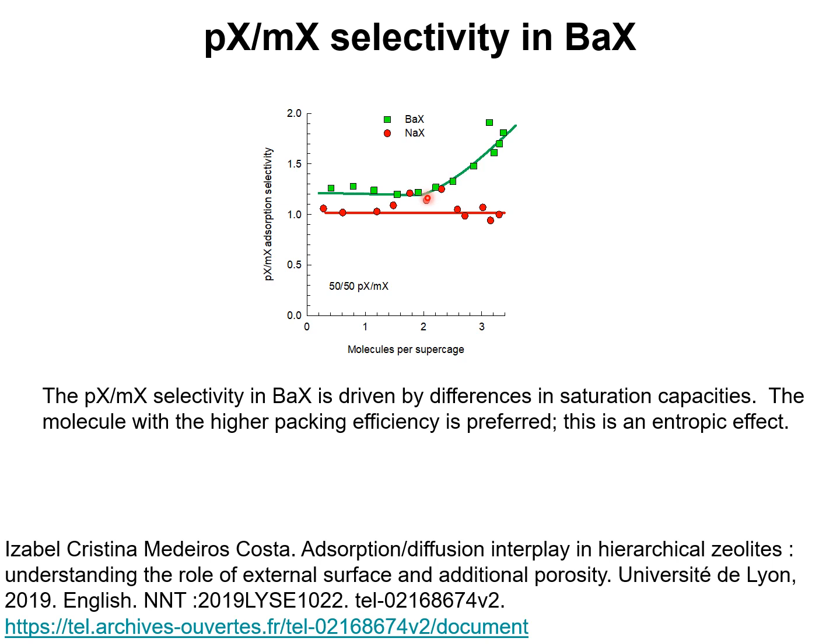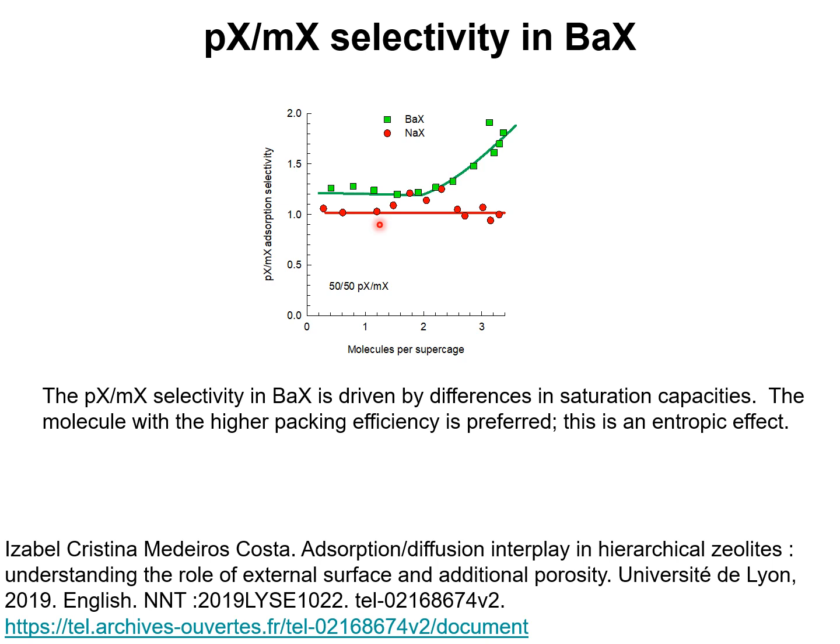As I had already mentioned earlier, the placement of the third molecule per supercage for meta-xylene is much more energy demanding than for para-xylene, because para-xylene can be located at the window sites because it is stabilized by interactions with the oxygen atoms of the faujasite framework, and the adsorption selectivity of para-xylene with respect to meta-xylene increases to a value of about 2 as the pore occupancy increases to about 3 molecules per supercage.